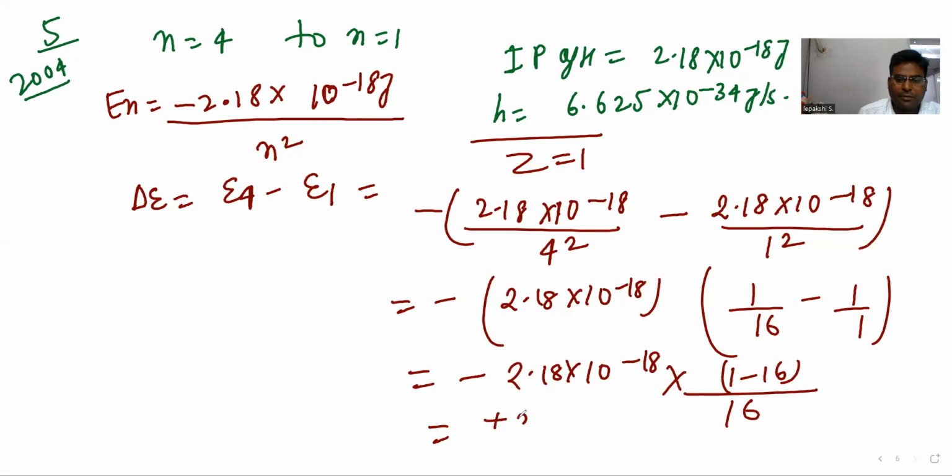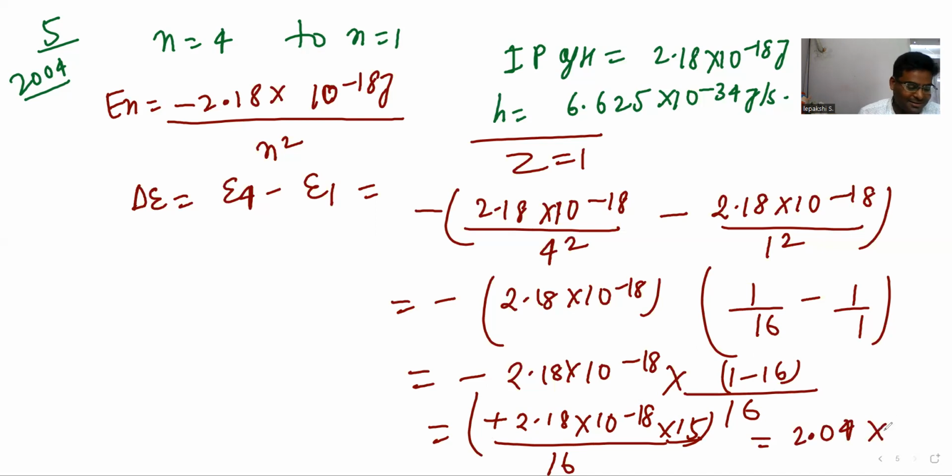So it will be plus 2.18 into 10 raised to minus 18 divided by 16 into 15. Calculate this value and you will get 2.04 into 10 raised to minus 18 joule. So this is the energy value we are getting.